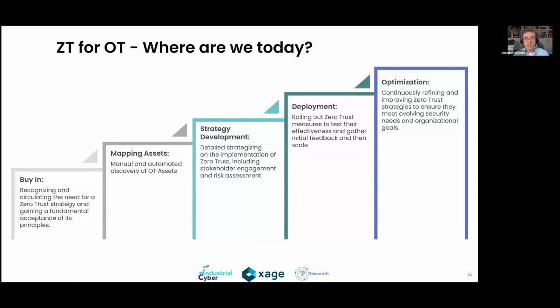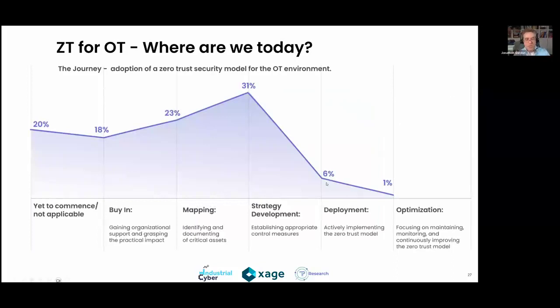Then developing a strategy to actually implement and roll that out, through to deployment, actually getting it deployed, and then obviously optimizing it and feeding back into the model. So without further ado, this is what we got from participants.